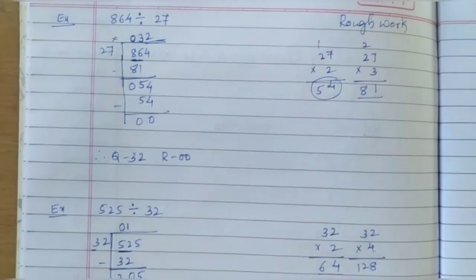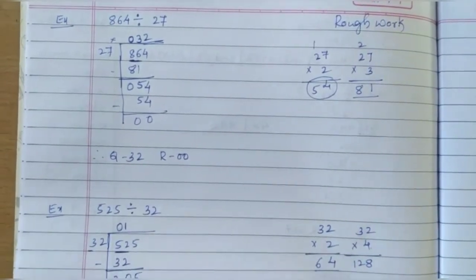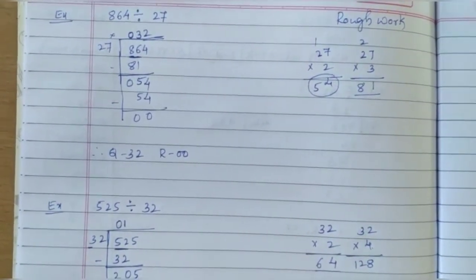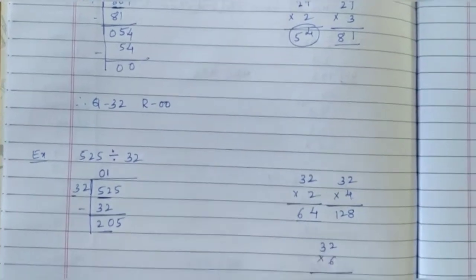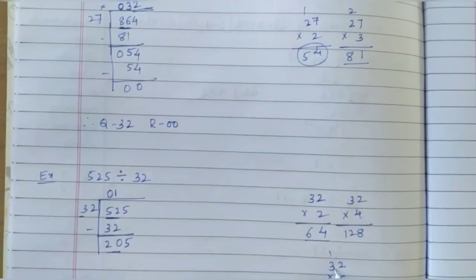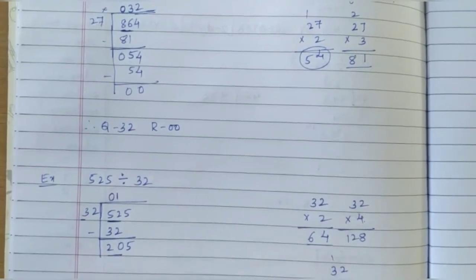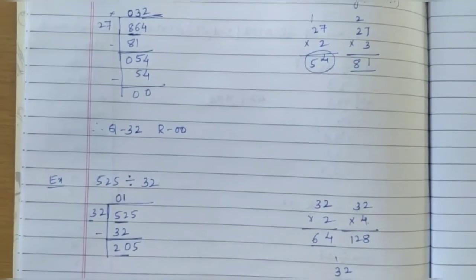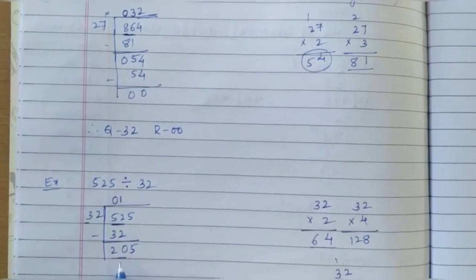So I will go for 32 into 6, right? 6 twos are 12, 6 threes are 18, 18 plus 1, 19. So 192. It is near to 205.